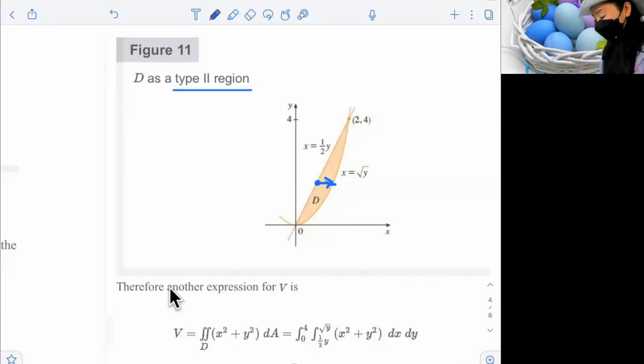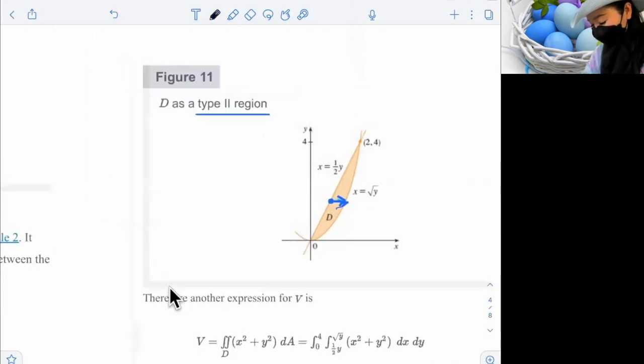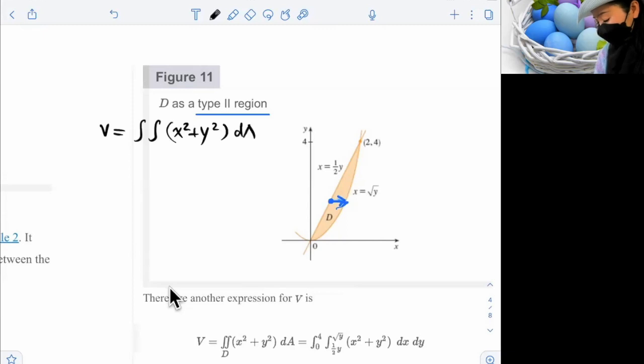So we just did that using the type 1 region, but now let's try to use the type 2 region. How about we try to set this up without looking at the answer over here. So that's the double integral of the function x squared plus y squared over the region D. Now, if I consider this as a type 2 region, you look at this arrow, x goes from here to here.